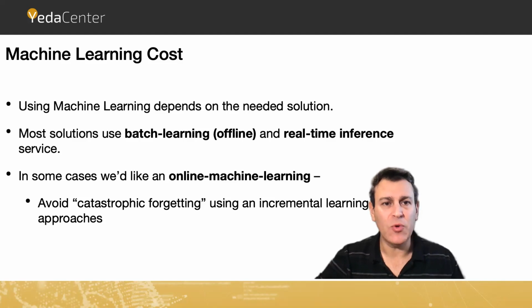You might need to use some incremental learning in order to avoid catastrophic forgetting, meaning that your model will not take into account some historical data because it will look only at a specific amount of time in a window frame.